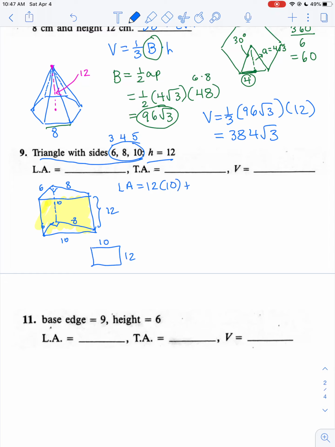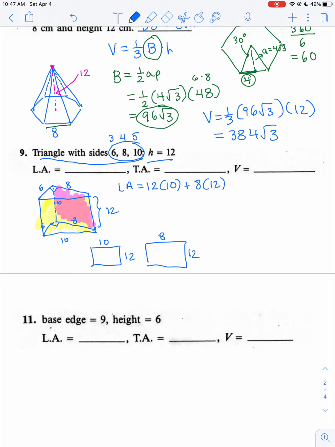So 12 times 10. And then what we do is try to find, let's see if this works here. The rectangle behind that is this rectangle. And that rectangle has a base and height of 8 and 12 respectively.